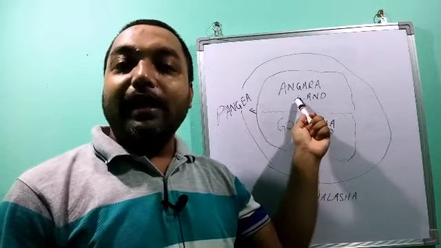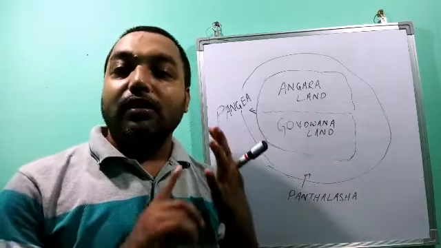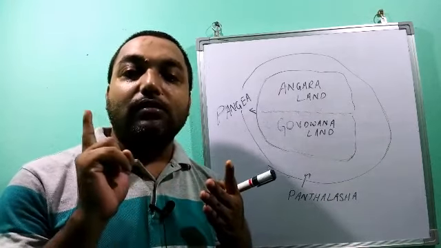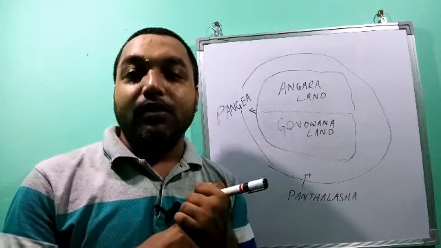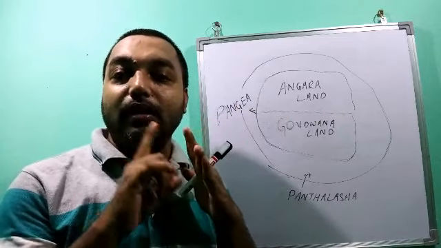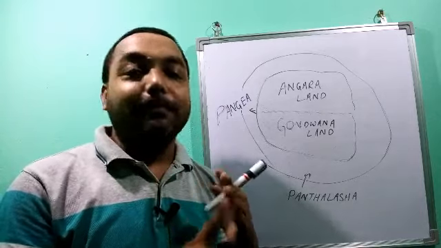The Angara land was composed of the present continents, you can say North America, Europe, then Greenland, then Russia, Asia, the northern part of Asia. I will again repeat, please remember: North America, Greenland, then Europe and the northern part of Asia.